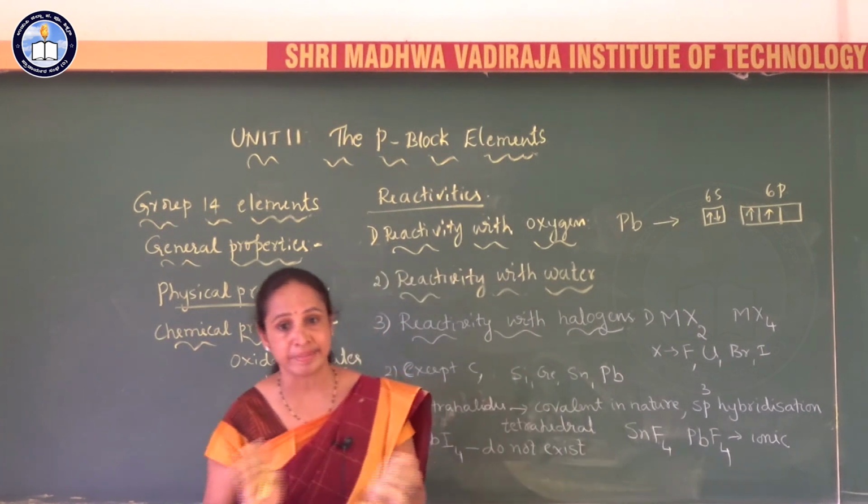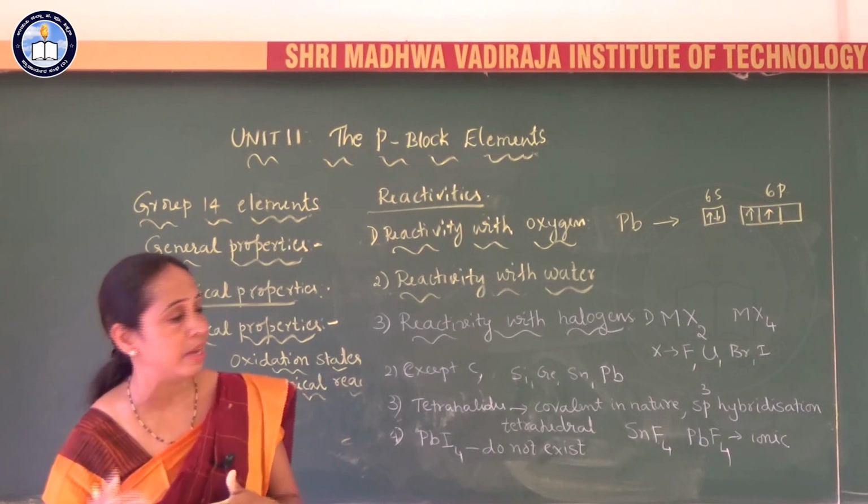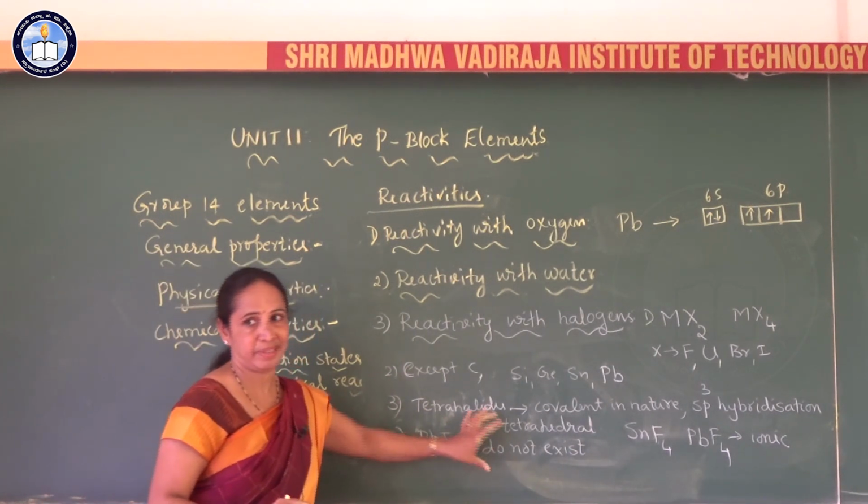So the s electron is not excited, and we don't get 4 orbitals with unpaired electrons. That's the reason why PbI4 does not exist.